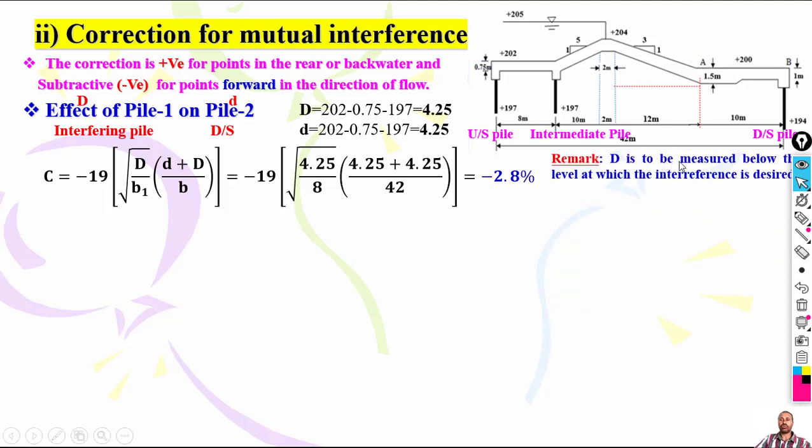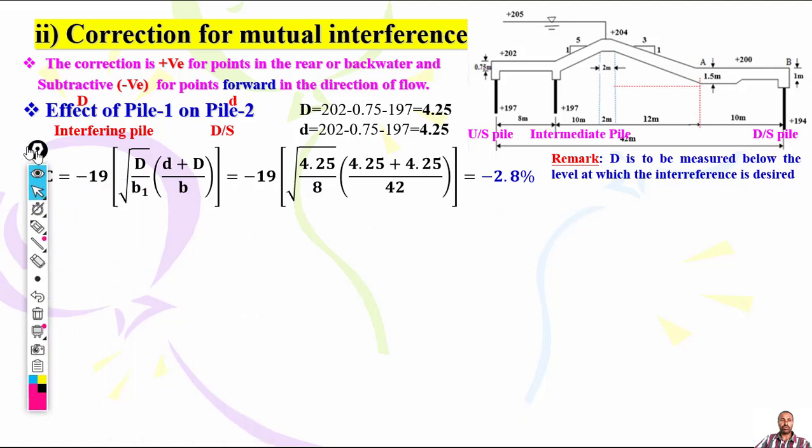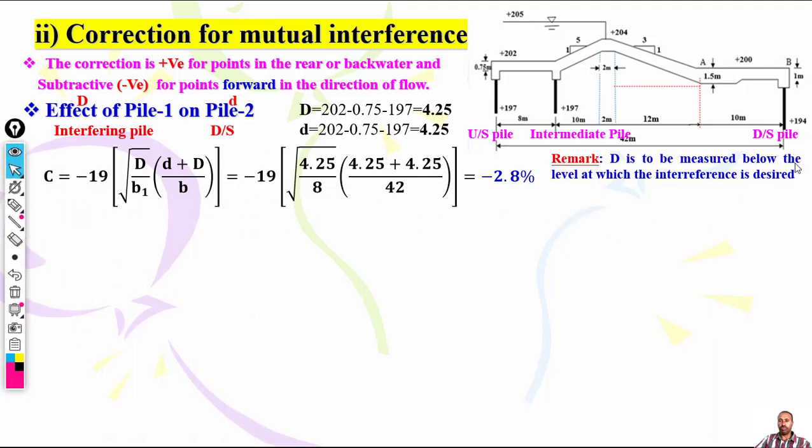Remark: D is to be measured from below the level at which the interference is desired. So D will be measured below the level at which the interference is desired. The interfering pile is 1, but pile 2 is the one to be affected or influenced.